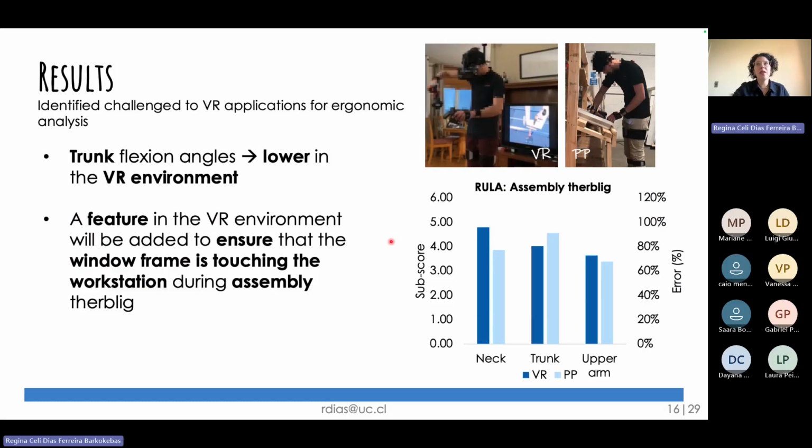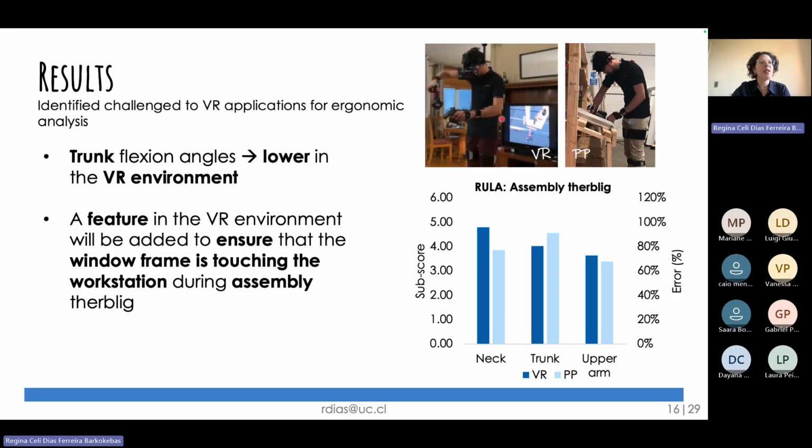Other important results of experimenting with virtual reality environments is to always try to verify how to improve. So here, as you can see, especially for this person, who is a really tall person, he would be representing 95% of men in North America, according to the height.